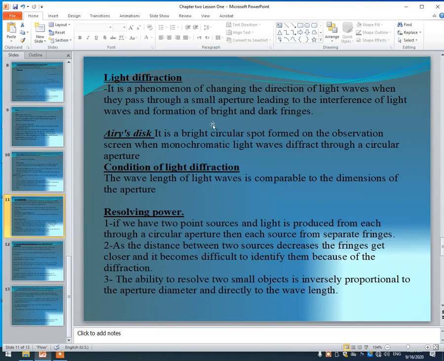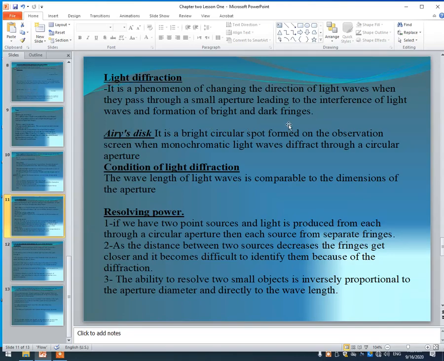This means that these two rays are called coherent waves. Two coherent waves have the same frequency, same amplitude, and the same phase. So the interference will happen between these two waves, forming two types of fringes, bright and dark fringes.